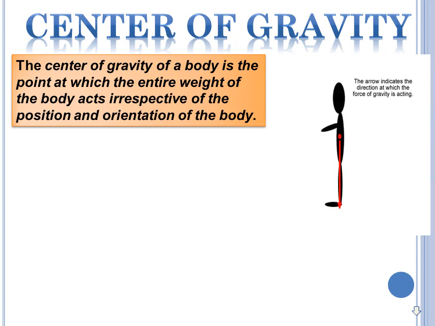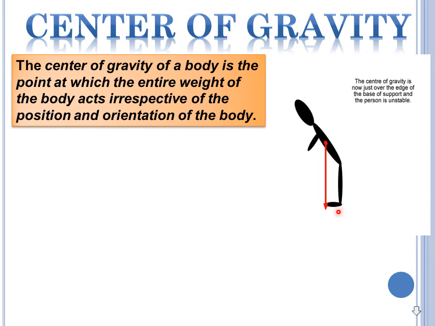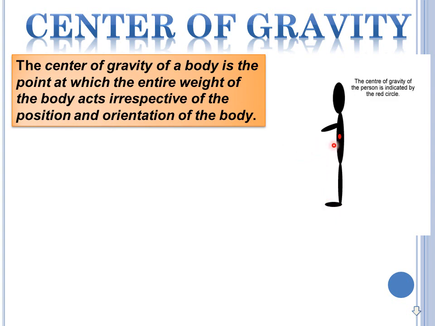See this picture. The arrow indicates the direction of the center of gravity. A person is stable as long as the center of gravity is acting over the base support. Now the center of gravity is just over the edge of the base support and the person is unstable now. This is the point which shows the center of gravity of a person.